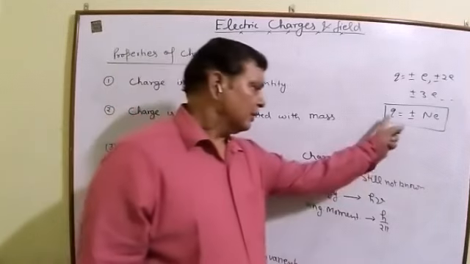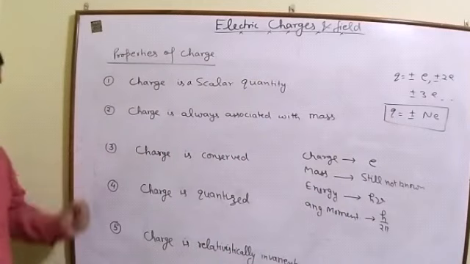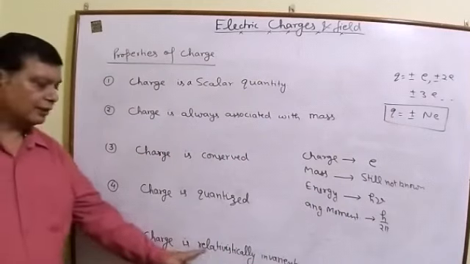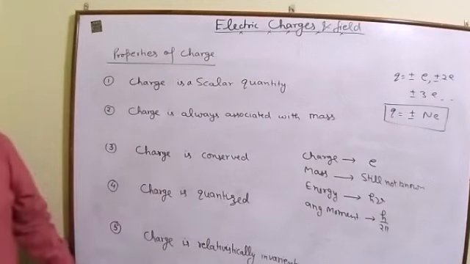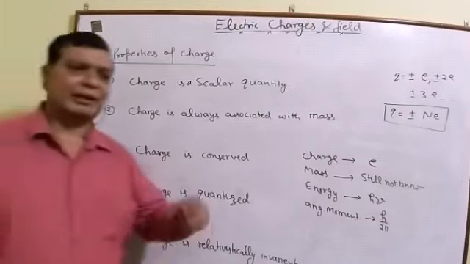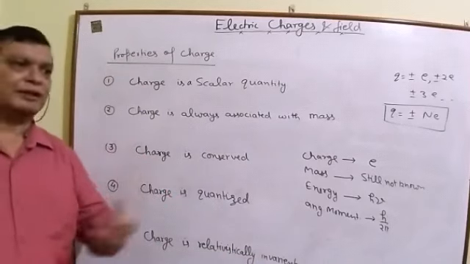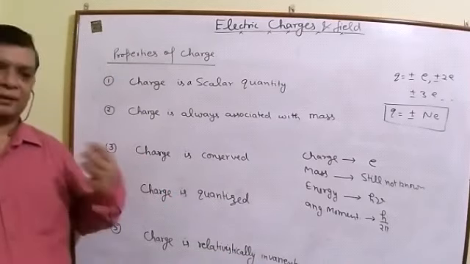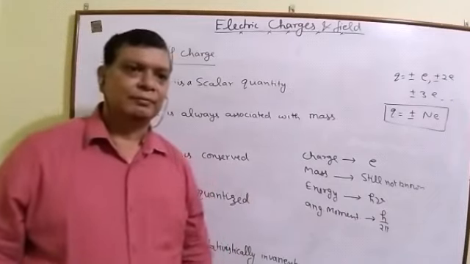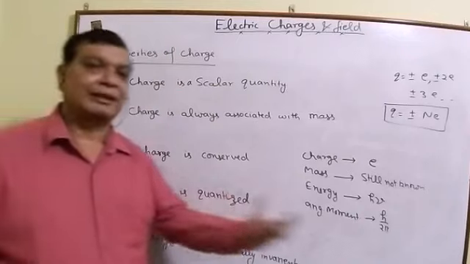Got it? Now the last property of the charge is the charge is relativistically invariant. What's the meaning of it? Just like mass. For mass, we say by the Einstein's theory of relativity that whenever any body moves, it has the dynamic mass.